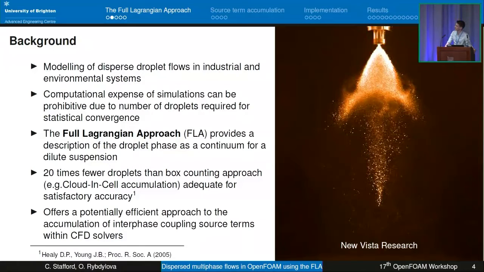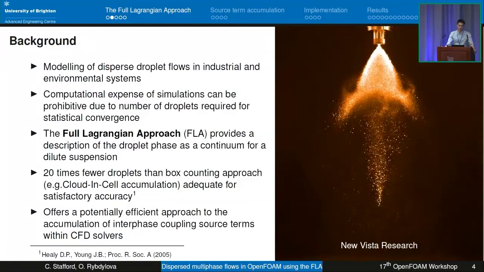So what the full Lagrangian approach does is provide a description of this droplet phase as a continuum. However, this is only valid in a dilute suspension. So within the realm of sprays, we're looking post-secondary atomization, where we can truly model droplets as Lagrangian elements, rather than anything where we need to resolve surface stresses, and where that might contribute anything more than a negligible amount.